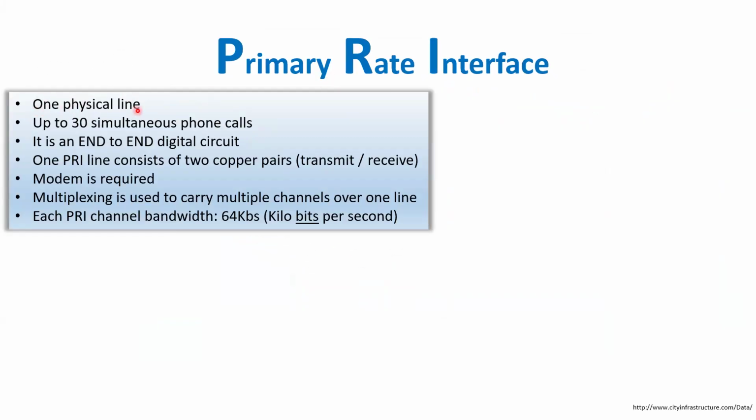One physical line, which, well, I don't want to lie to you, it's actually 4 conductors, 2 pairs. One is transmit, one is receive, depending on the end you're standing on. Now, that one line or connection consisting of 2 pairs can serve up to 30 simultaneous phone calls for the PRI, for the T1.